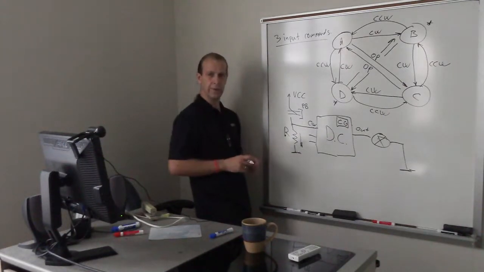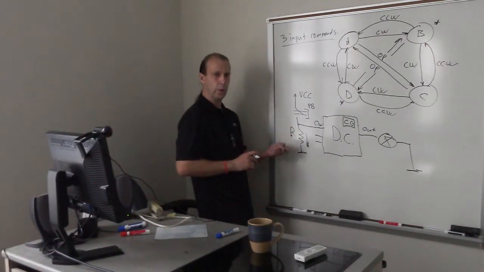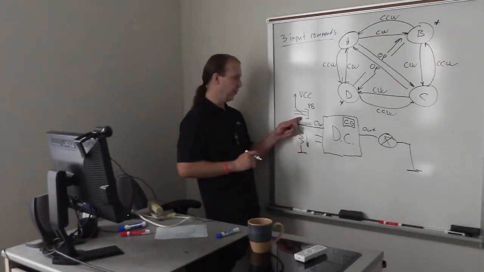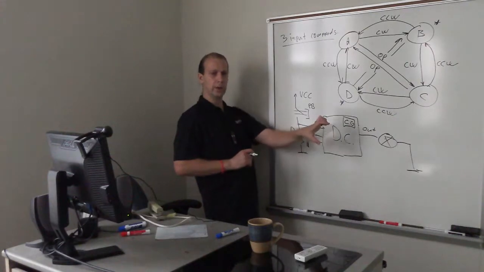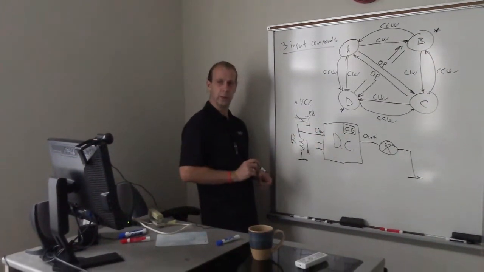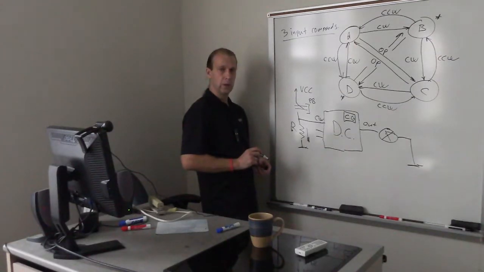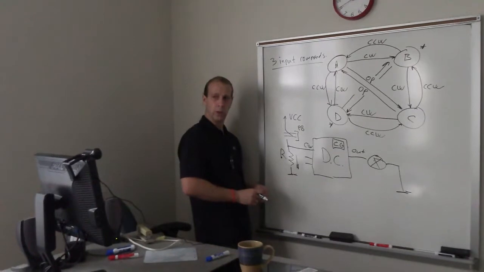In this case, we will have 3 push buttons and we can press any one of them. Now, what will happen if we press one of these push buttons, for example, clockwise, and then we hold it at the same time we press counterclockwise? From this standpoint, it is up to us how to implement that logic.